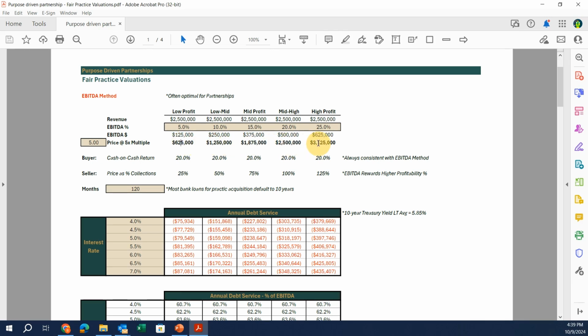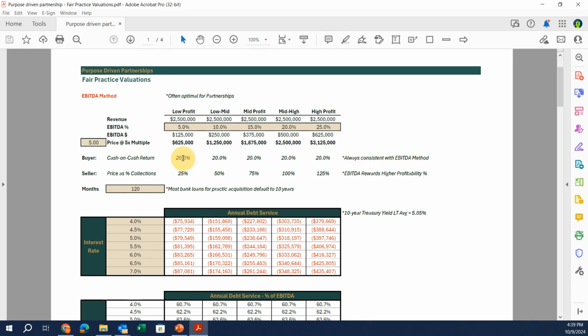You can see that even though revenue does not change, as the profitability of the practice increases, so does the sales price. What's really fascinating about this method, though, is that even though the price increases substantially as the profitability percentage changes, the buyer's cash-on-cash return stays consistent, always consistent with the EBITDA method based on the chosen multiple.